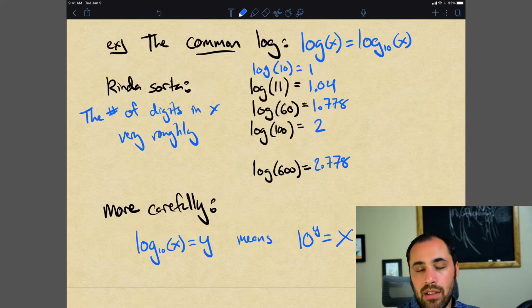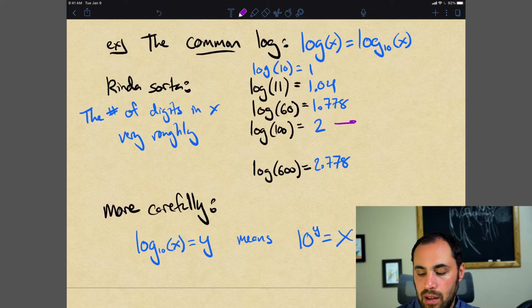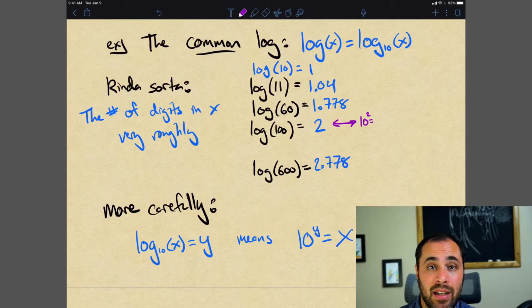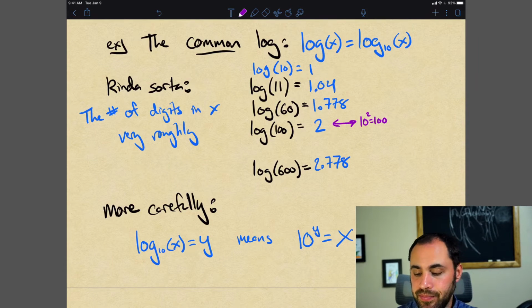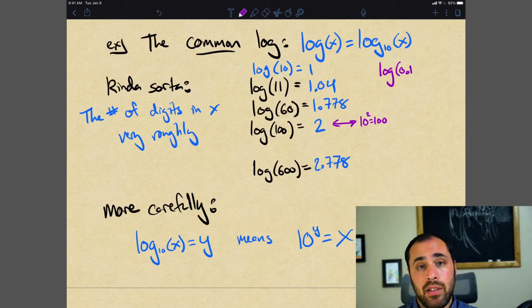So we would say log base 10 of 10 is 1. Log of 100 is 2. Well, that's because 10 squared is 100. And this works for numbers smaller than 1 also. Log of 0.1 is minus 1, since we could write 10 to the minus 1 equals 0.1.